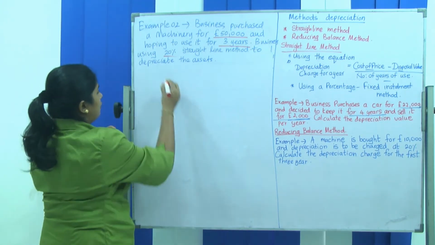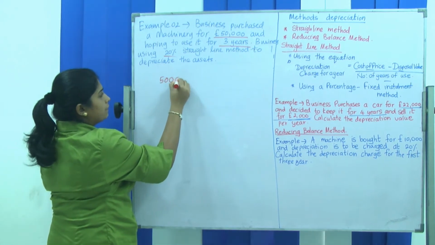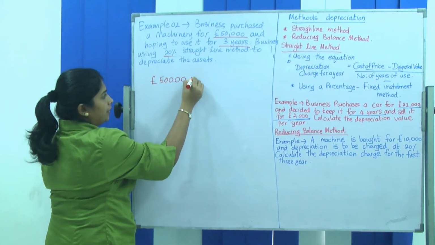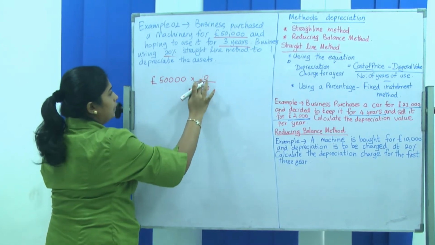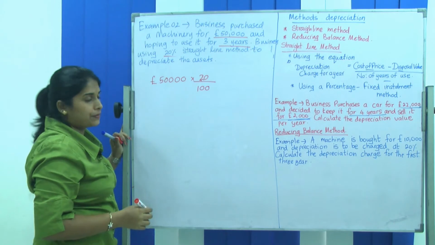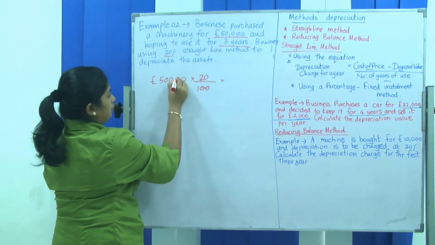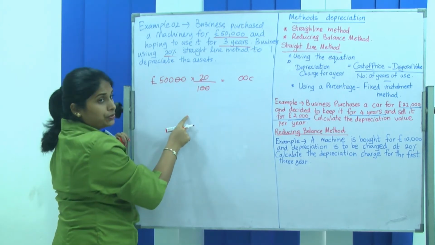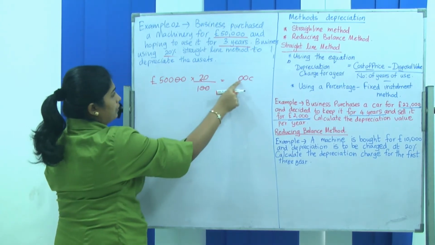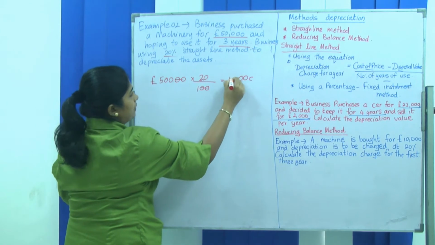That means, what is the cost? Cost is 50,000 pounds. Then out of the cost, 20% will be depreciated. So 3 zeros, 2 zeros, 2 zeros will cancel. 2 times 5 is 10.